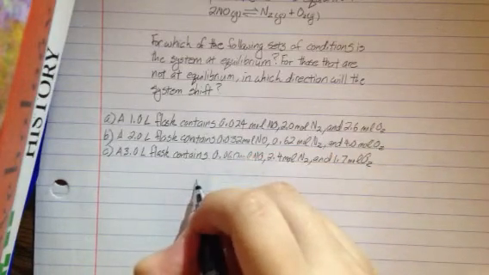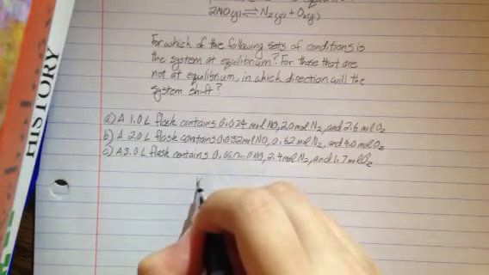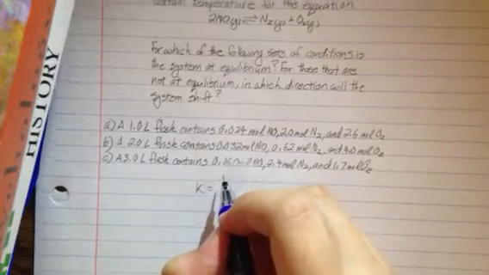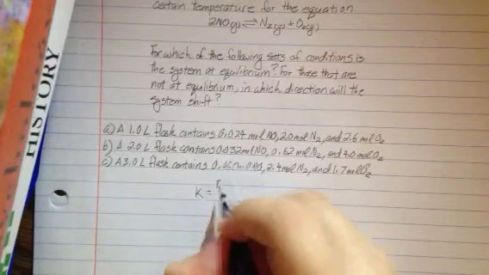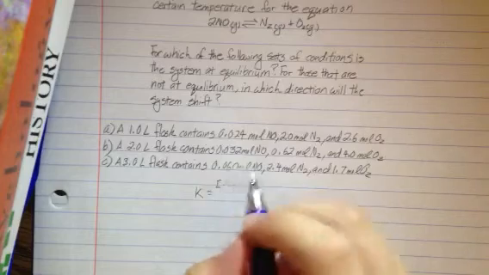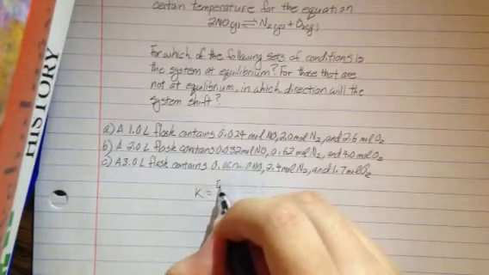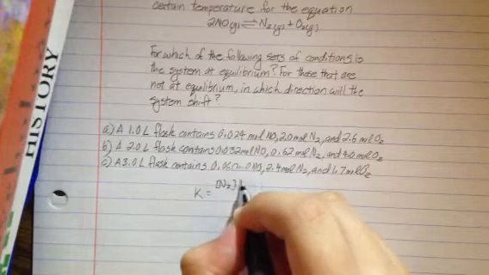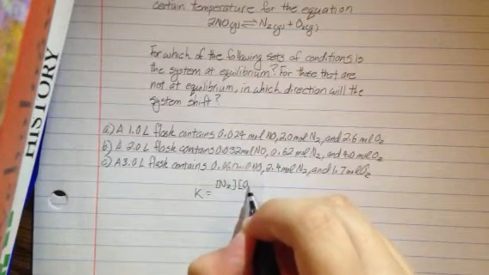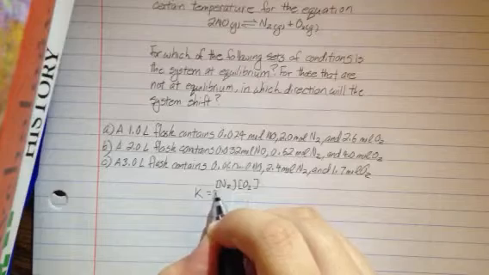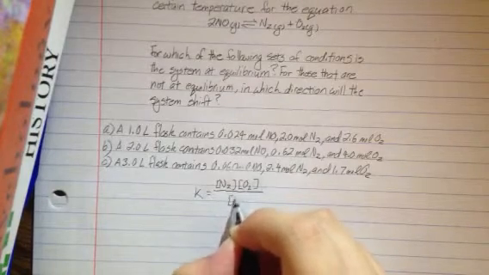So first, you should write out the equilibrium expression for K, which is the products of the concentrations of the products over the concentrations of the reactants.